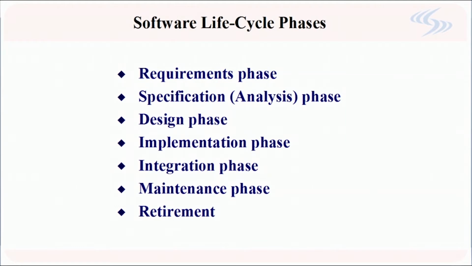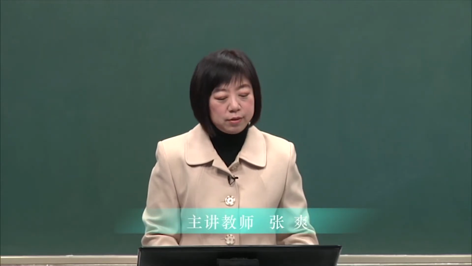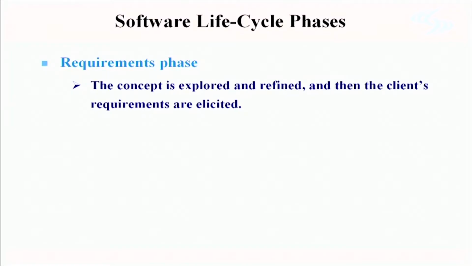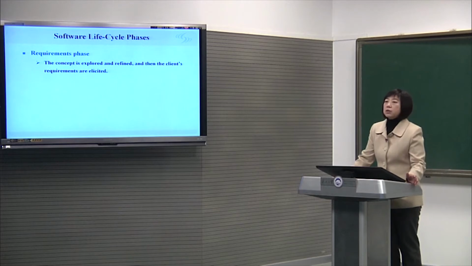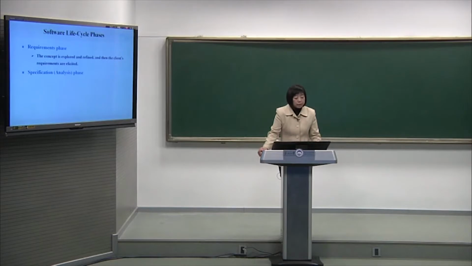Okay, phase 1, requirements phase. The task of this phase is that the concept is explored and refined, and then the client's requirements are elicited. So that means the target or the objective of the software development should be submitted. Okay? And then the software will go to the next phase, specification.